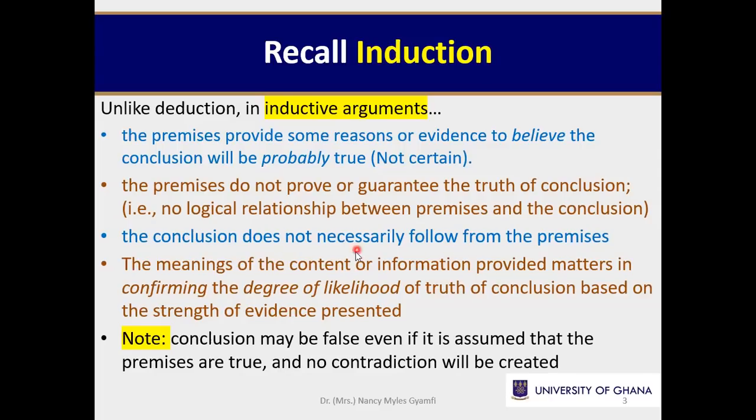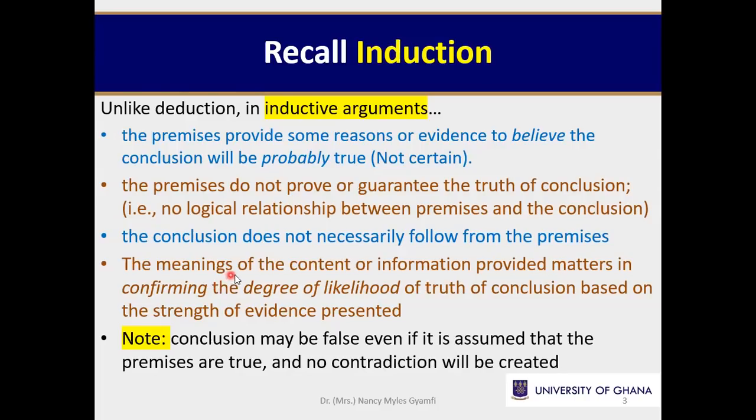That's the same way of saying the conclusion does not necessarily follow from the premises. The meaning of the content or information provided matters when we are dealing with induction, because it helps us to determine how likely the conclusion is to be probably true. You see that? We want to see, did you say 80% of women are so and so, and Nancy is a woman, therefore she'll be so and so? Did you say 80% or did you mean 10%?